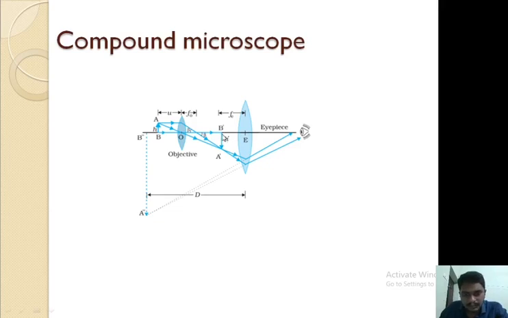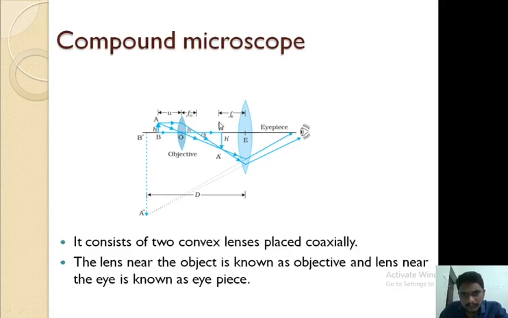Here this object is not exactly on the focus, it is somewhere below the focus. This is the position of the focus, and we have adjusted the lenses such that the image of the first lens is formed just below the focus of the eyepiece.